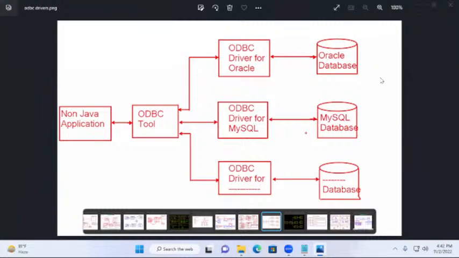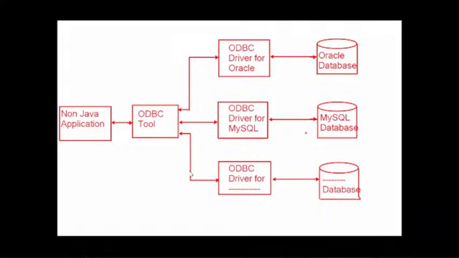In this diagram, I'll do a little modification. Here I gave non-Java. Yesterday I gave this one. When Java came, they developed applications with Java. But at that time, ODBC could not understand the Java application's instructions. So this connection failed. That is the reason the type 1 JDBC driver came.